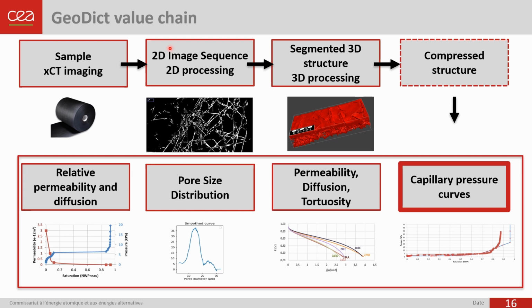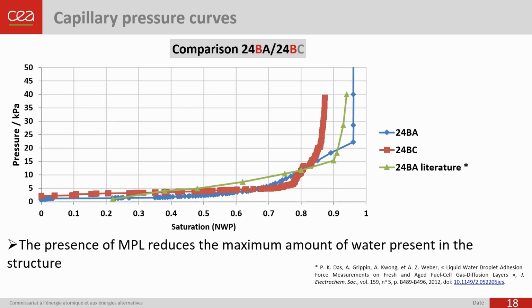And now we move to see the capillary pressure curves obtained with GeoDict. This time we compare two GDLs, the 24BA and the 24BC. The difference is that the first one doesn't have an MPL and the second one has an MPL.